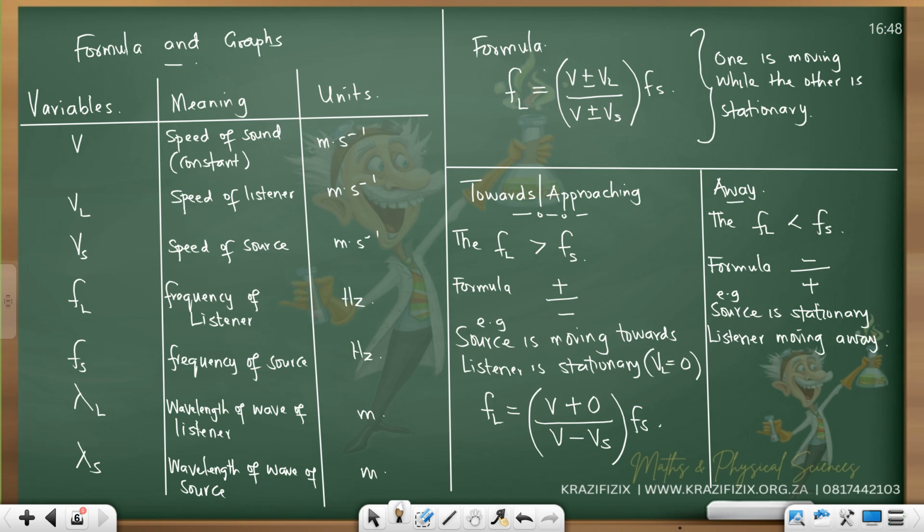What will happen? V over V. Because it's away, it's a minus there and a plus there. But we said source is what? Stationary. So this would be a 0, VL.